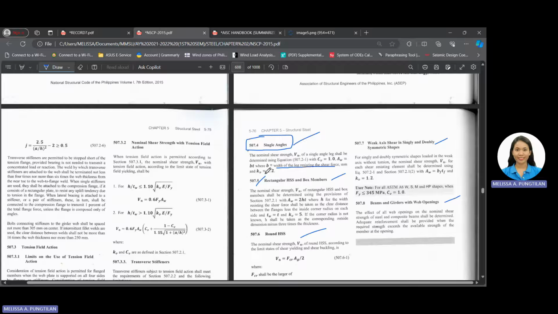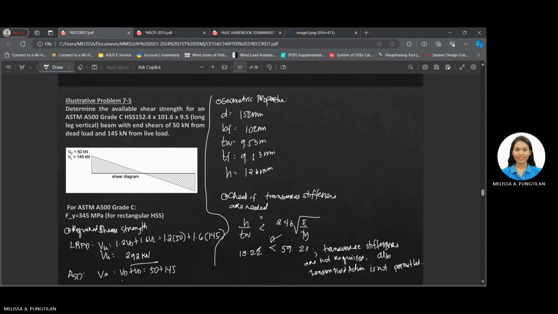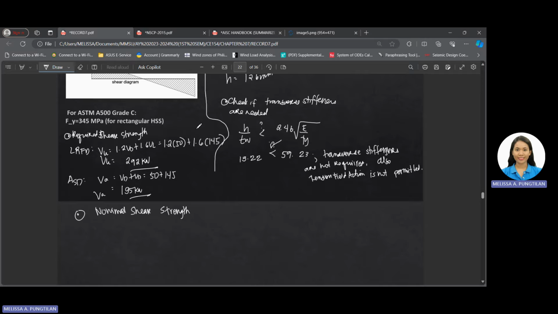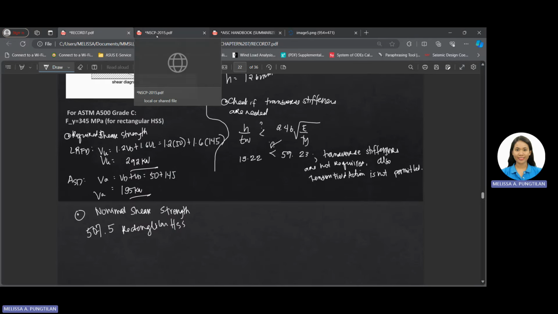Therefore, use 507.5 in computing for the nominal shear strength. Okay, section 507.5. That is for rectangular HSS. Okay, so basahin natin yung nasa 507.5.